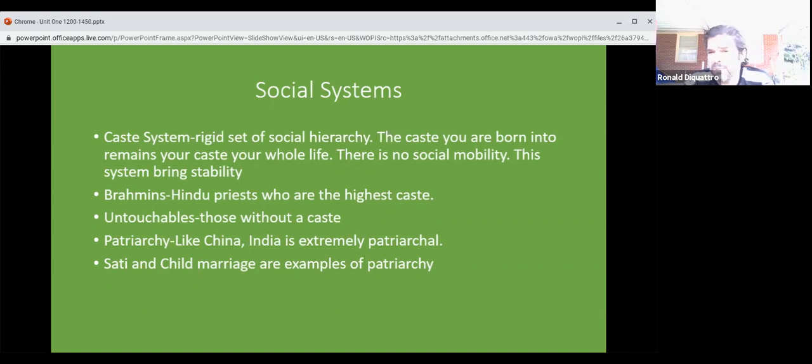The untouchables are the people who do the worst jobs in India. They are the ones without caste. They are the outcasts. They're ceremonially unclean. But even the untouchables were taught, be the best member of this group of people that you can be, and in the next life, you'll rise through the system.